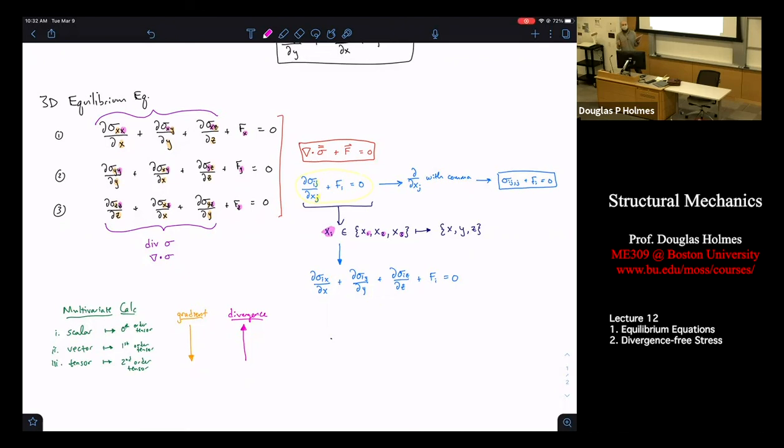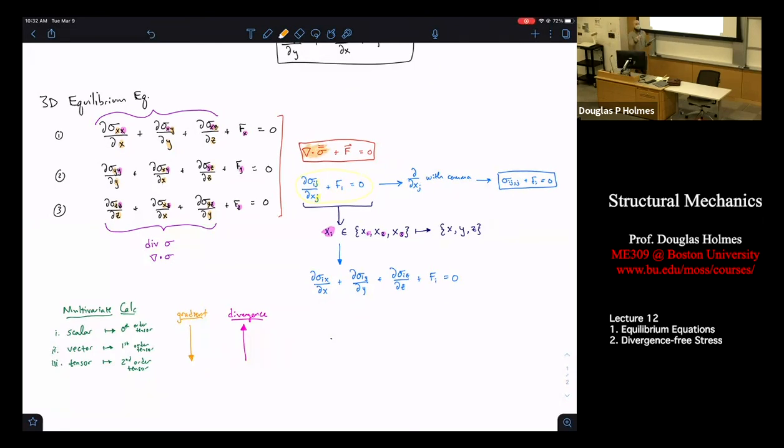And now you can see why our equations of equilibrium are the way they are. Because we have to add like things to like things, which means I'm adding something which looks really horrendous to f, which is just definitely a force vector.